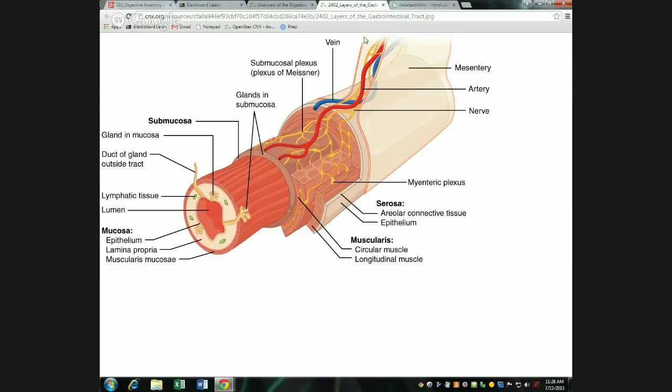Or from the cavity wall, it extends in this way. So there's two layers of the serous membrane that make up a connection from the organ to the body wall. That's called the mesentery. And it has within it the blood vessels, lymphatic vessels, and nerve fibers that are going out to get connected to that organ.